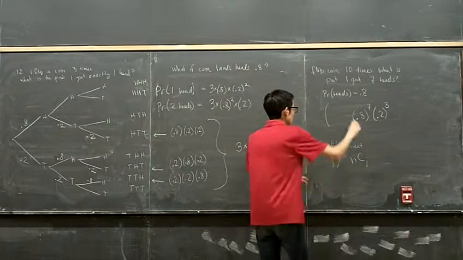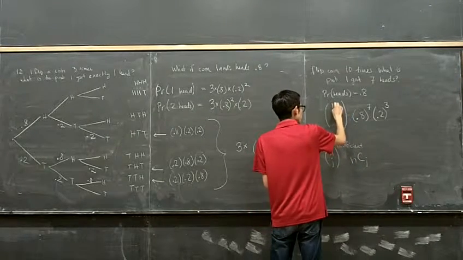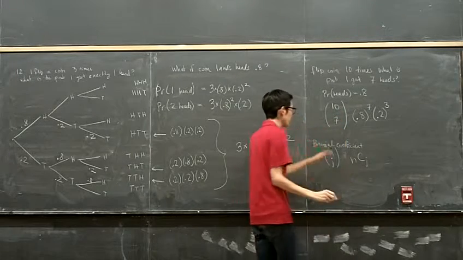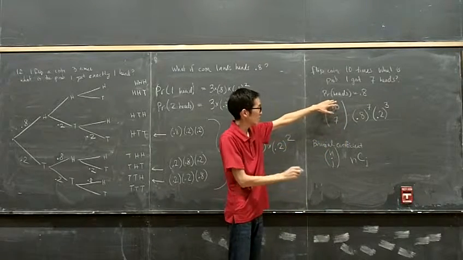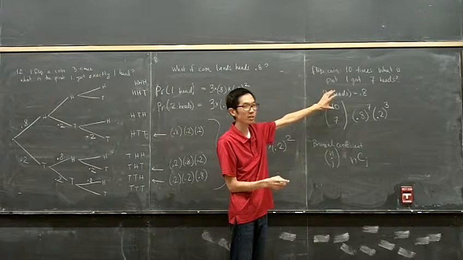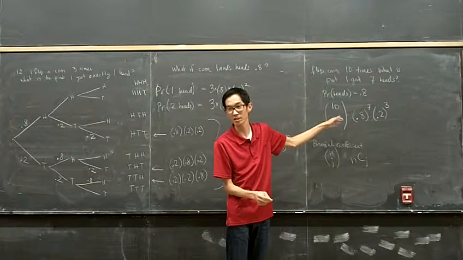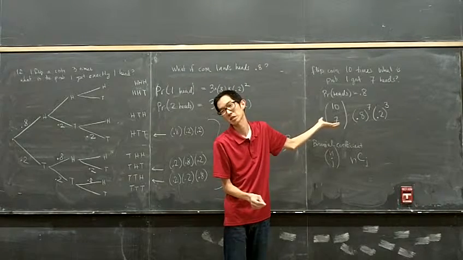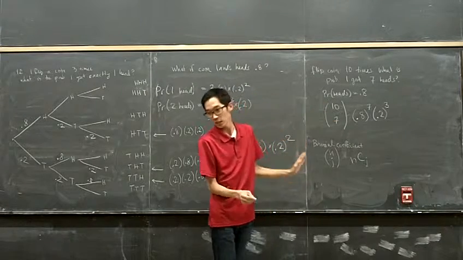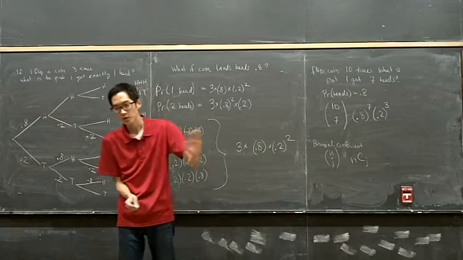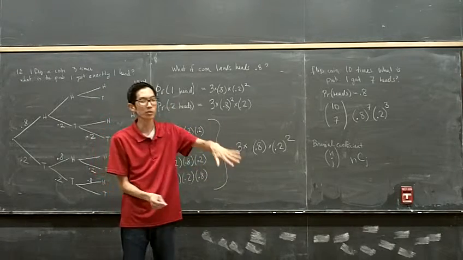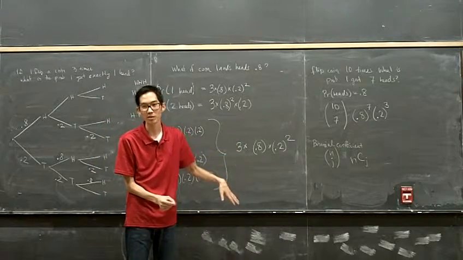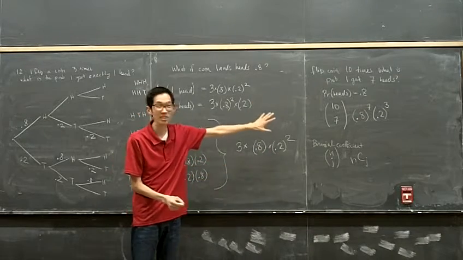Sometimes we see it this way. What this thing represents is, if I flip a coin 10 times, how many ways can I get it so that 7 of them are heads? There's a formula in the book. Don't worry about it. We're not going to worry about where this thing comes from. We're just going to say this thing exists.